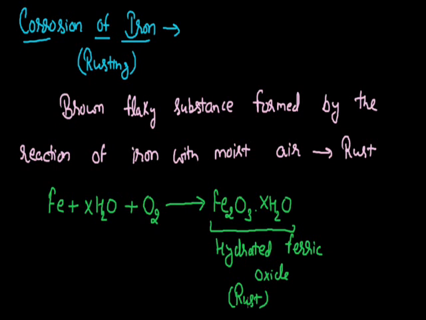Now as the rust formation takes place, if I talk about this iron object, this is an iron sheet with this much width. As this is exposed to the moist air, the surface iron reacts with air to form the brown flaky substance like this, and this brown flaky substance is quite unstable, so it will decay from the surface of iron, and that will result in a decrease in the width of this iron object.